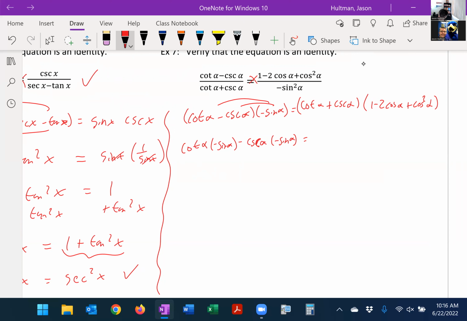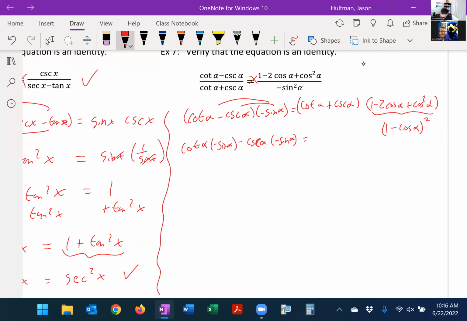Let's see, what do I want to do? Maybe I will multiply this out. I do know that this thing actually factors into 1 minus cosine alpha squared.